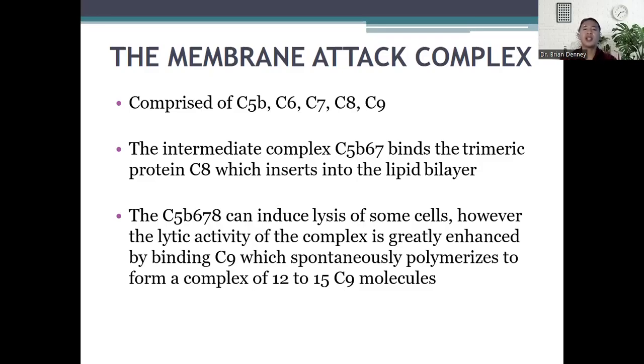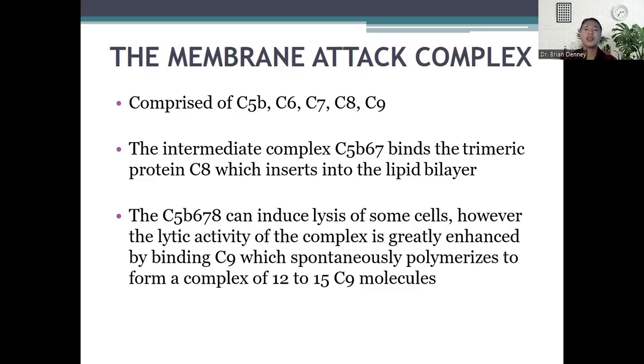And once your C6 and C7 bind to your C5b, it now forms the complex C5b, 6, and 7, which still does not cause lysis. It needs another molecule to cause lysis.